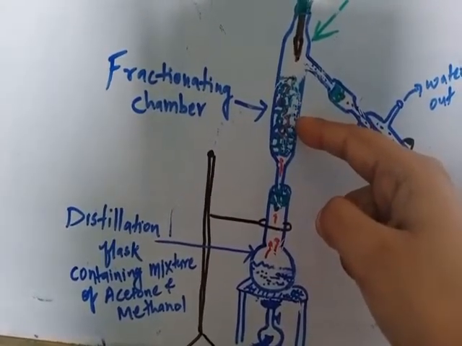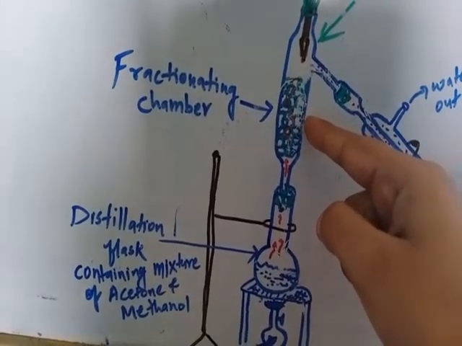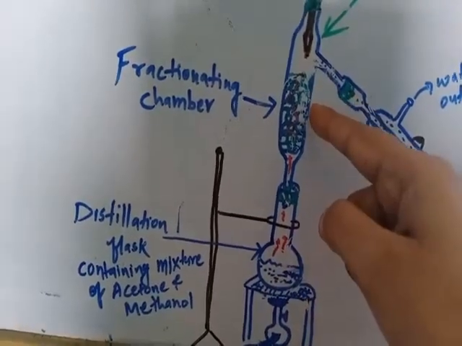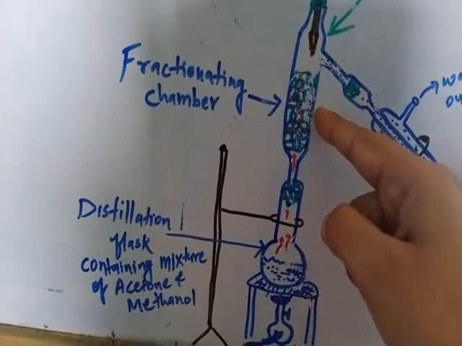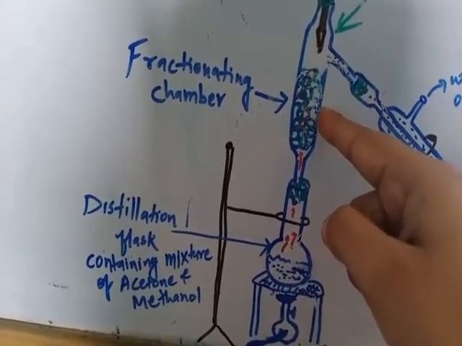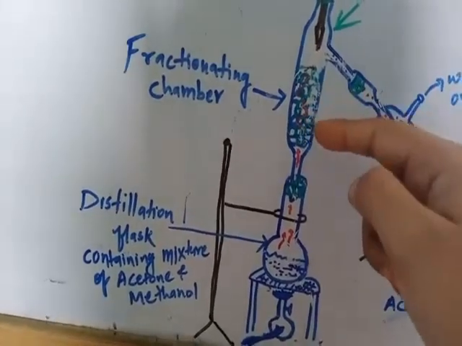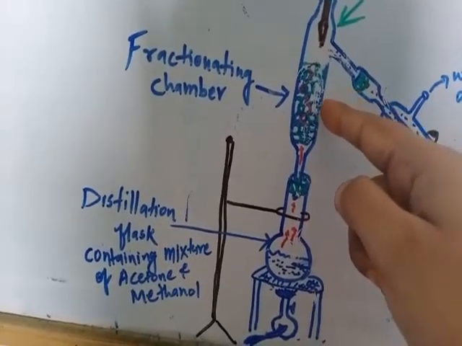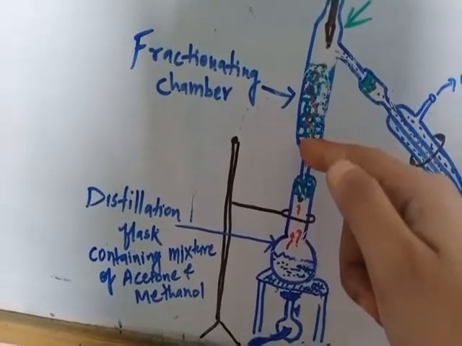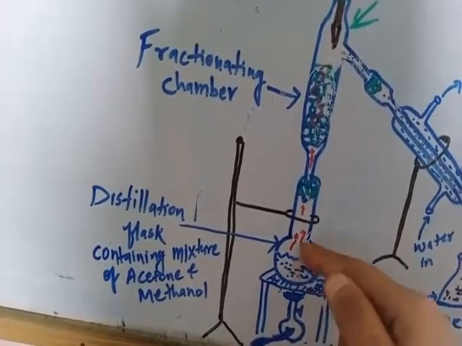At this level, where we can expect the temperature to lower to 60 degrees Celsius, all the methanol vapor starts condensing and falling into the reaction mixture, because the boiling point of methanol is 65 degrees Celsius, and here the methanol is not getting enough temperature, that is, not getting 65 degrees Celsius to be in its vapor state, because the temperature here is about 60 degrees Celsius.